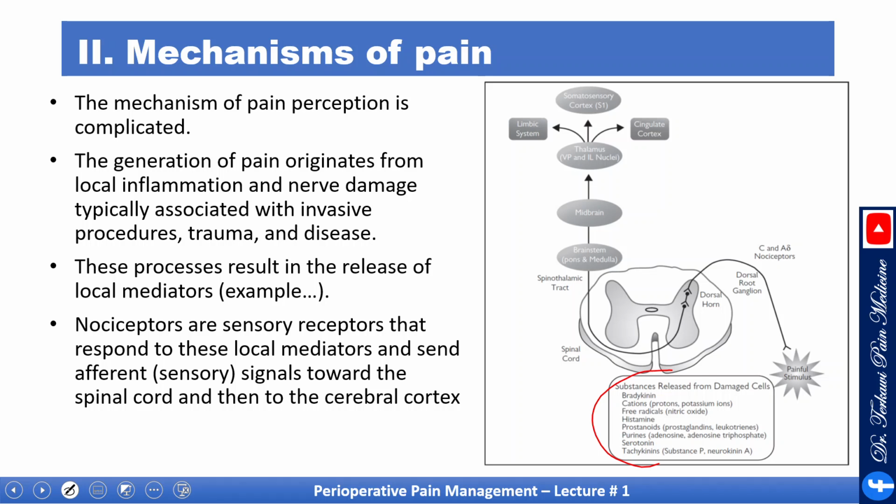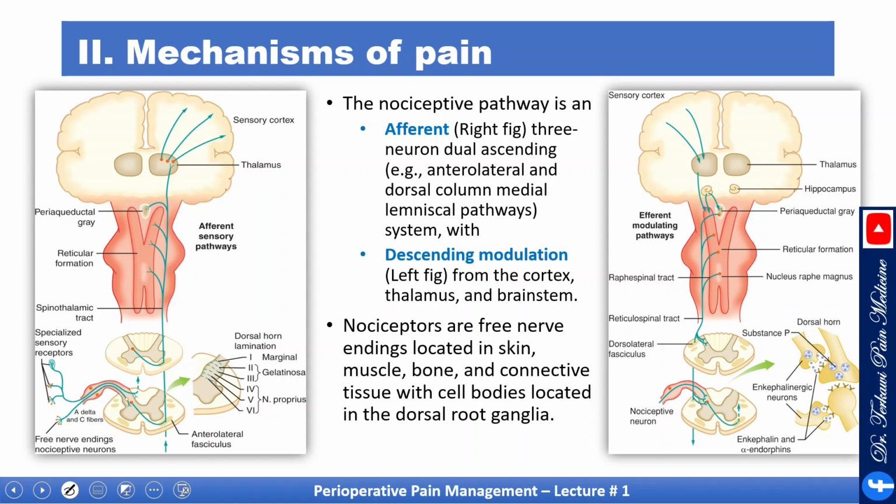Nociceptors are sensory receptors that respond to these local mediators and send afferent, which is sensory, signals toward the spinal cord and then to the cerebral cortex. Now, the nociceptive pathway is afferent.